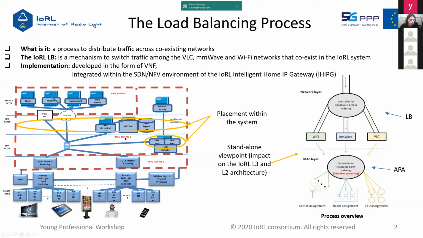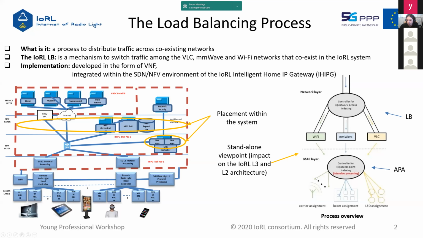This is the macroscopic view of the IoRL system environment separated using layers: the service layer, the NFV and SDN layer, and the access layer. The load balancing and the access point assignment process take place at the NFV and SDN layer, more specifically at the SDN controller, where the incoming traffic has to be split within the three networks.